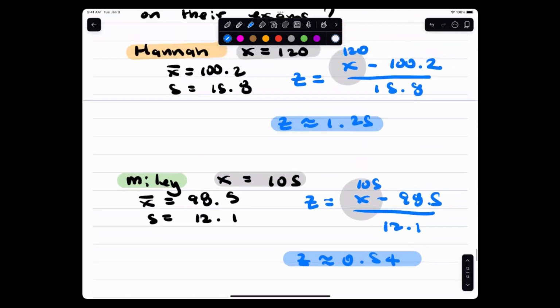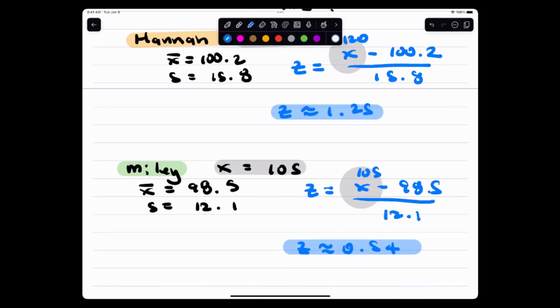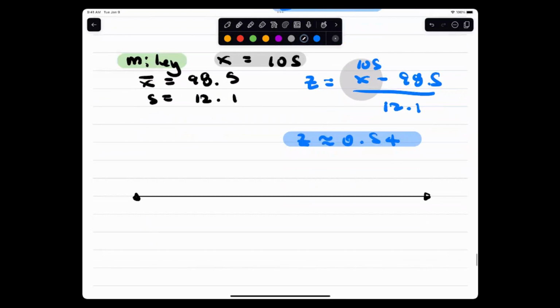Okay, so who would you say scored relatively better on the test? Who has bragging rights? What do you think? No, Hannah, because she's positive. Well, let's think about this. 0, 1, -1, 2, -2.